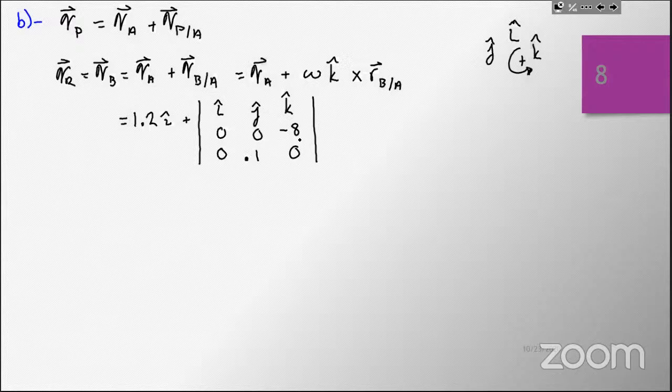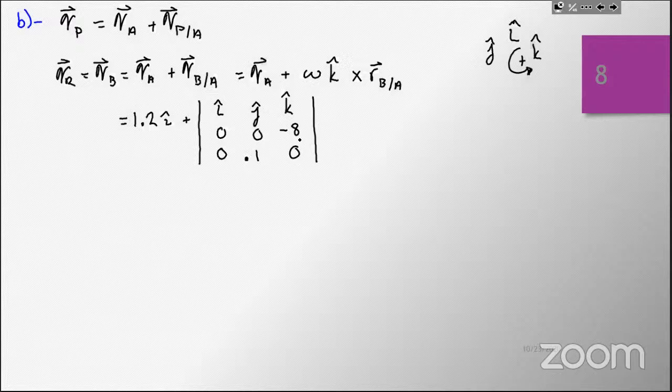Okay. So first thing we need is the I direction, right? We cover up the first column in the top row. What are we left with? 0, 0, 0.1, and -8. Right? So we're taking a cross product, we cover the I column, we cover the top row, and we're left with this. What's this?